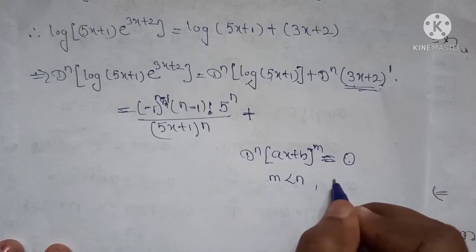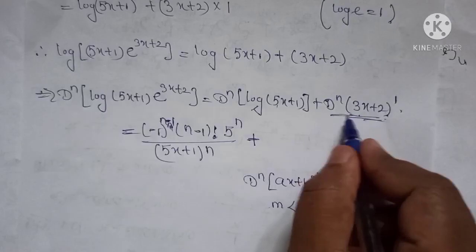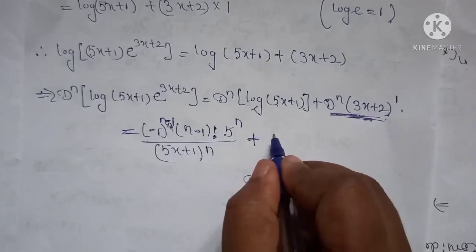So here m is equal to 1, which is less than n, therefore the nth derivative of this one is equal to 0.